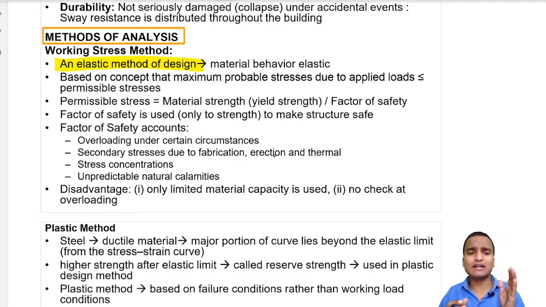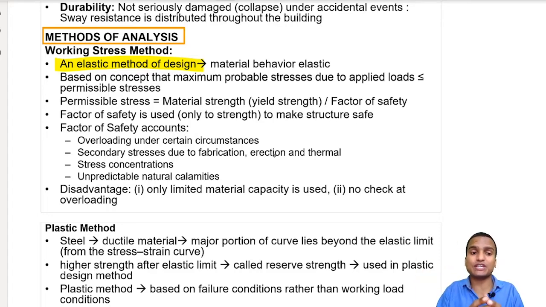So the disadvantage of the working stress method is that we have only used limited material capacity up to the elastic limit. So we have not fully exploited the reserve potential of the material in regard to strength. We have not used the entire stress-strain curve of the material.